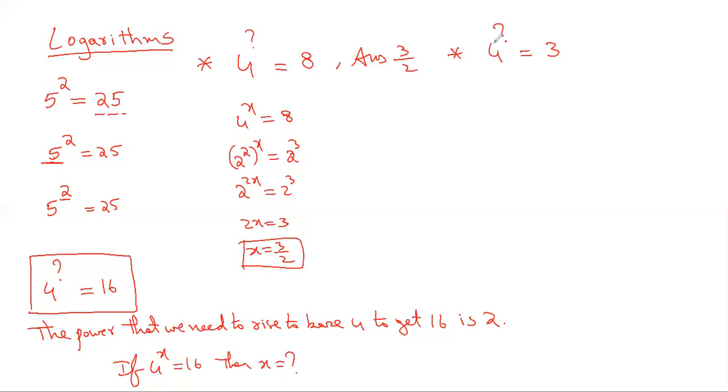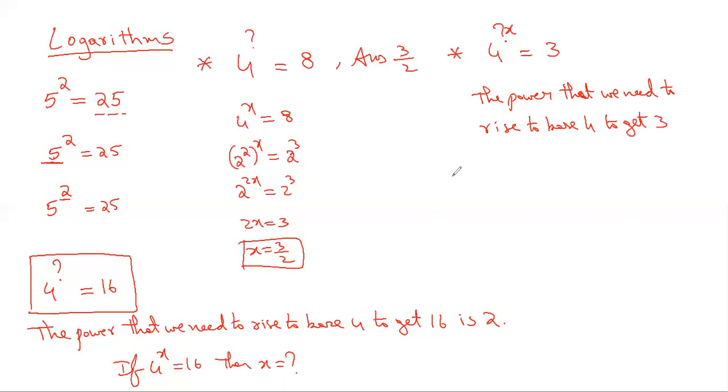then you get definitely 3. So what we call this number, suppose it is x, I call that number the power to which we need to raise base 4 to get 3.